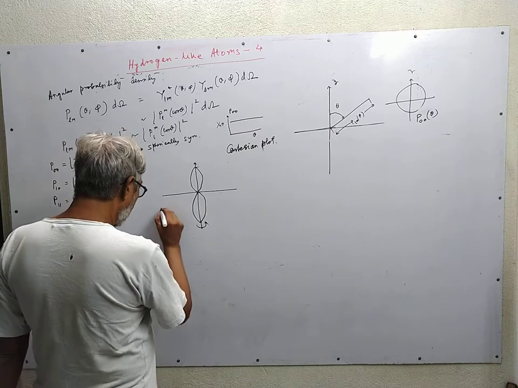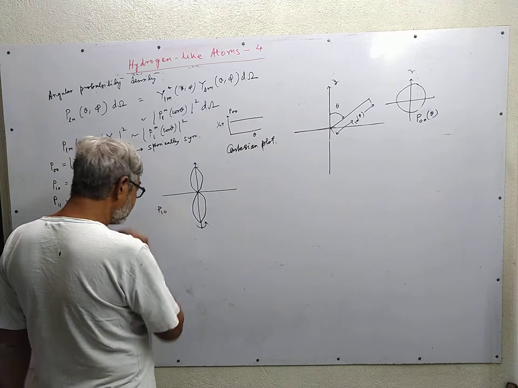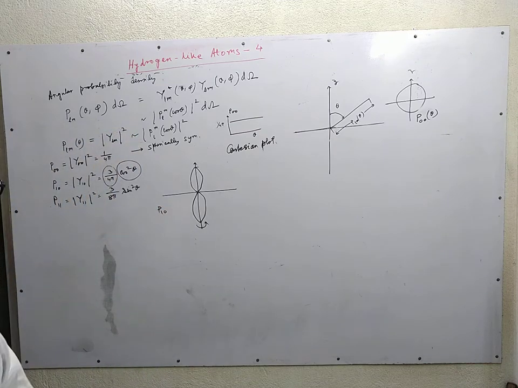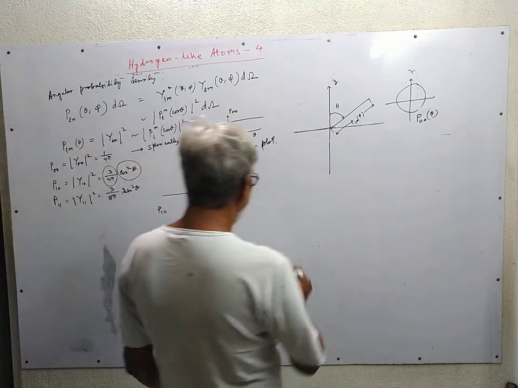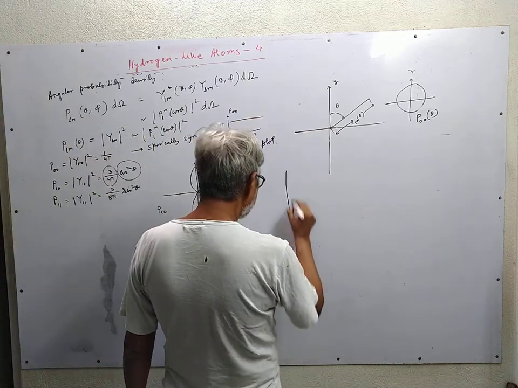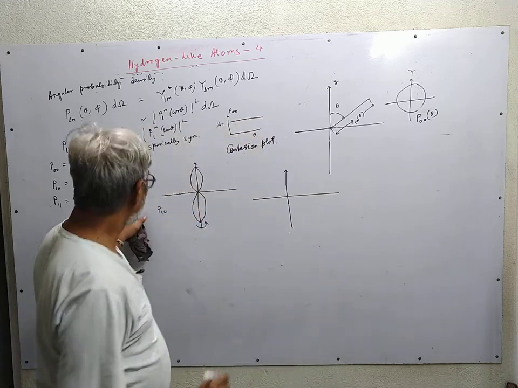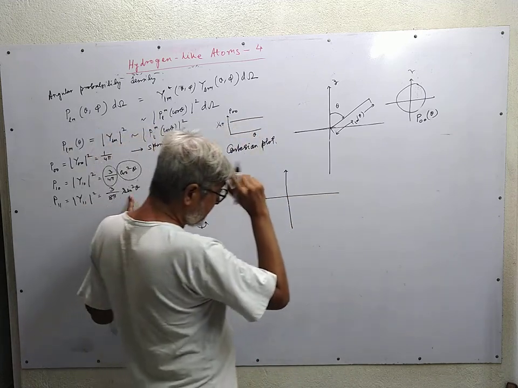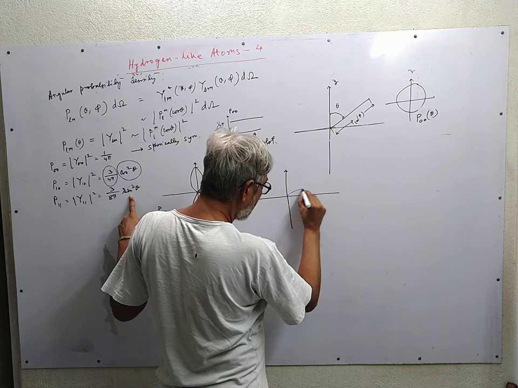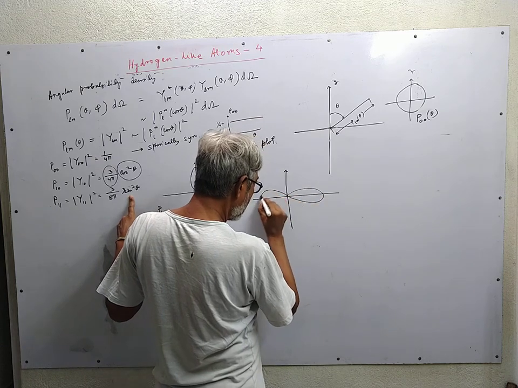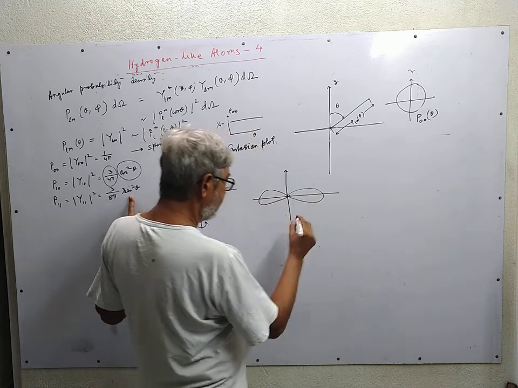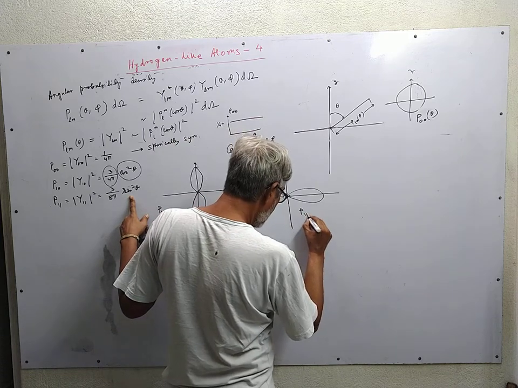This is the polar plot of P10. And the polar plot of P11 similarly is 0 at theta equal to 0, and symmetric. This is P11.